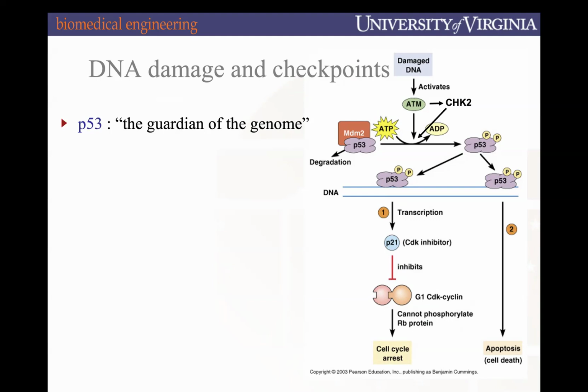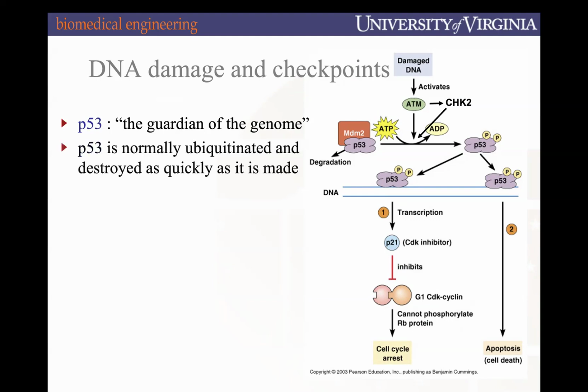What ends up happening is that in normal, healthy cells, when there are no issues with the genome, P53 is marked with a tag called ubiquitin. It's been ubiquitinated, which means it needs to be degraded. Whenever you hear something has been ubiquitinated, that means it's marked for degradation.